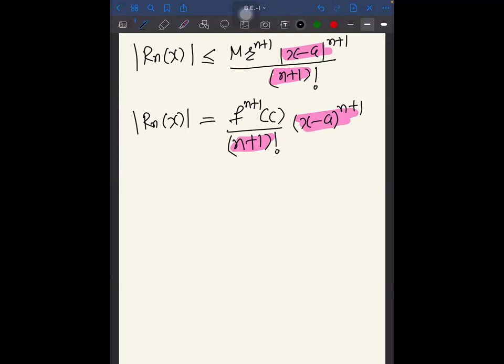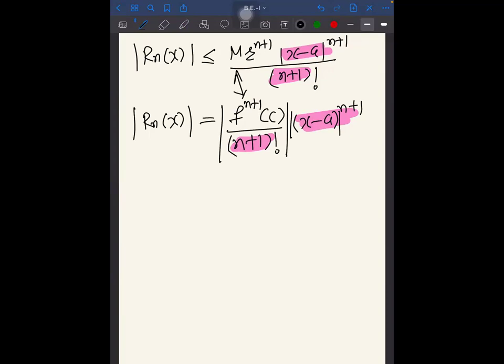Of course, I should take it as R_n(x), and if I take the mod of that, then these two terms would be the same. So the things which I've highlighted are the same. The only difference is between this and this.